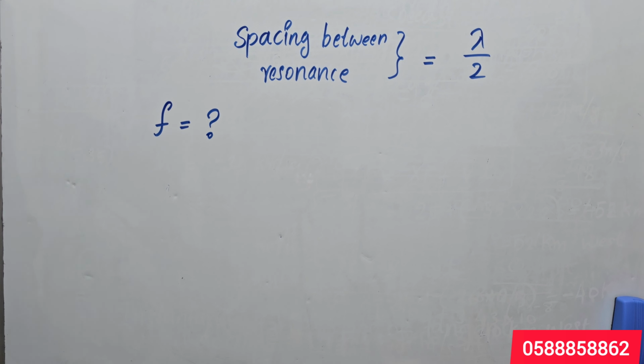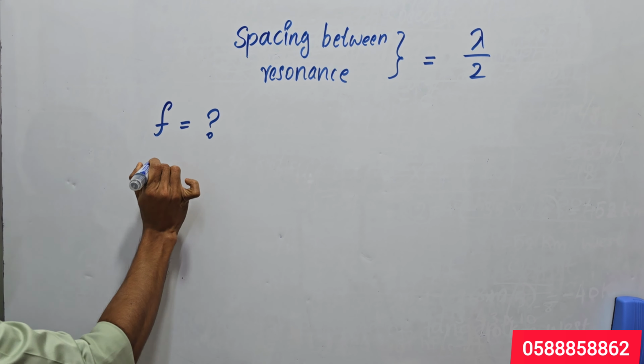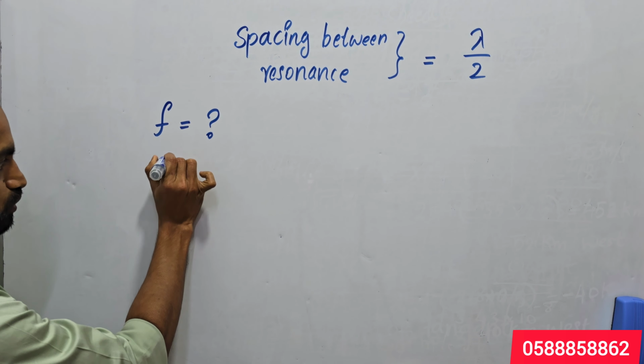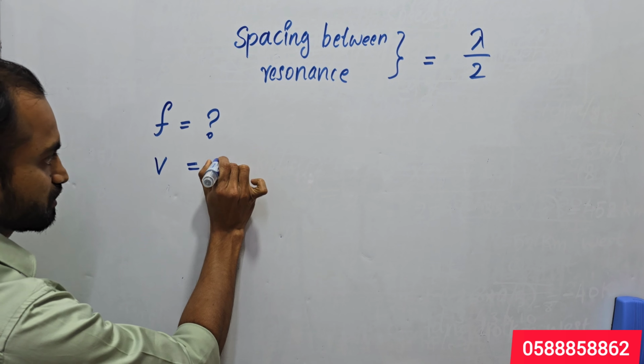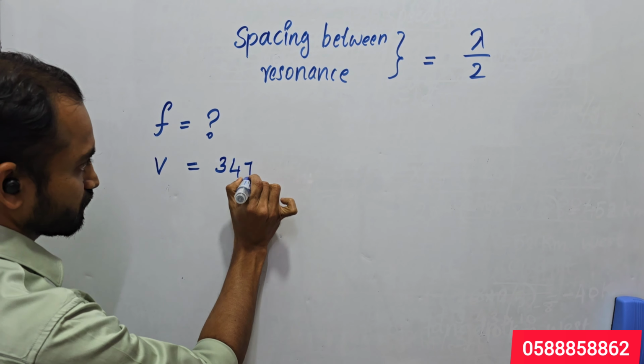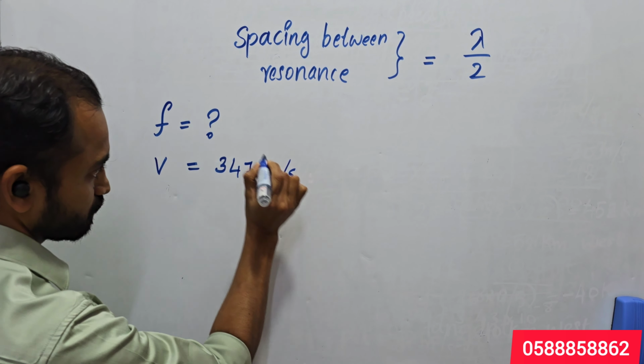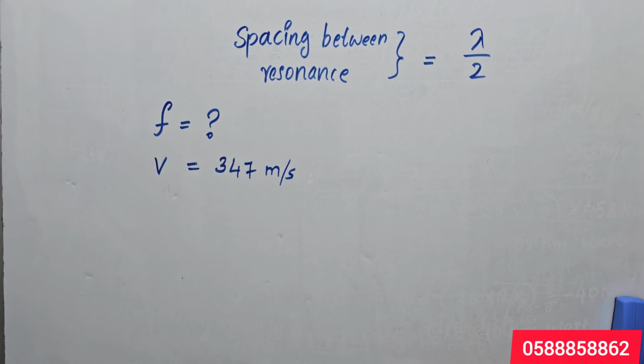A student uses an air column at 27 degrees Celsius. So what is the speed of sound in air at 27 degrees Celsius? 347 meter per second, right? 347 meter per second.